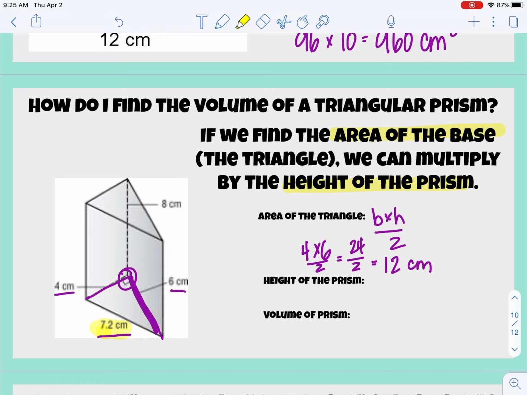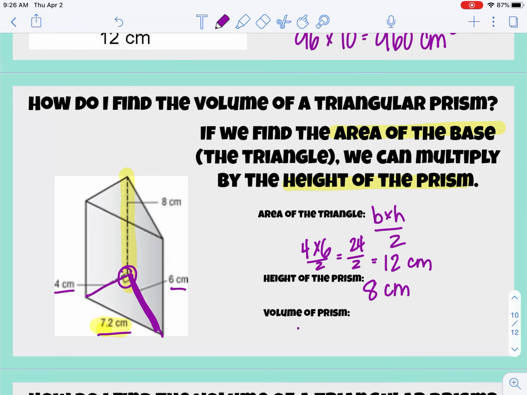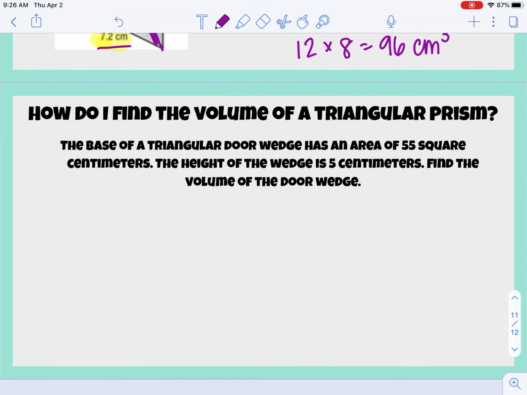It is the other side of the triangle I don't necessarily need. So if you look, 8 centimeters tells me how tall that prism is. So to find the final volume of the prism, we have 12 centimeters times 8 centimeters for a total of 96 centimeters cubed. So remember, base of the triangle times the height of the prism.